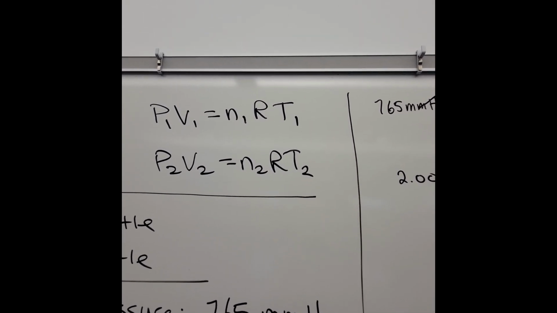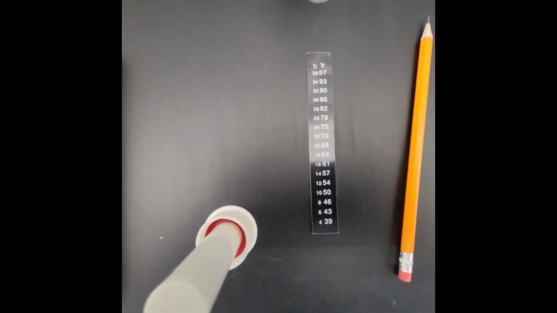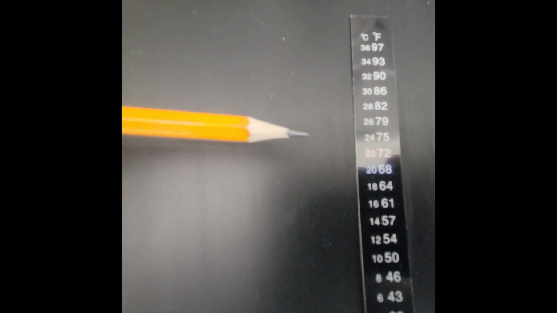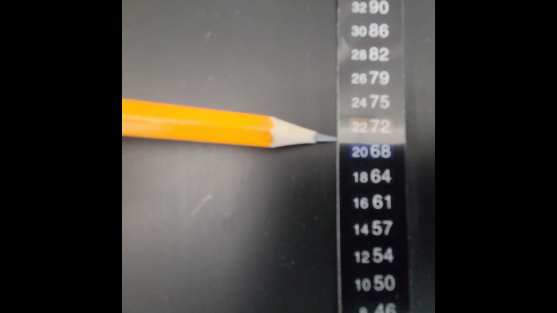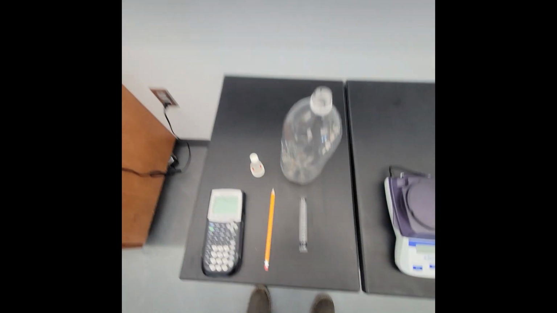R is the universal gas constant with atmospheres. For temperature, you've got to read the thermometer between the blue and the brown, or the green if you see the green. The temperature in this room right now is 21 degrees Celsius.